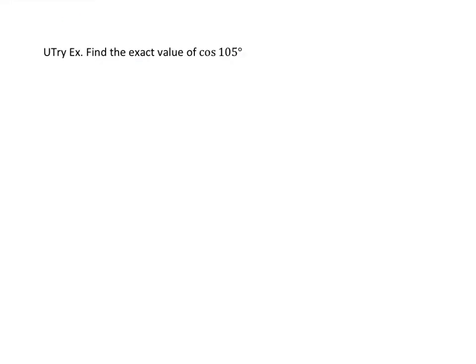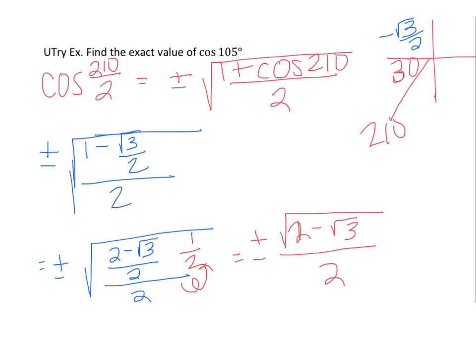Try a very similar one, cosine 105. You're going to use 210 again, but use the cosine formula. Okay, here we are. Plugged in the formula, only plugged in 210. Cosine of 210 is negative radical 3 over 2, which turns it to a minus. So 2 minus radical 3 over 2, all over 2.